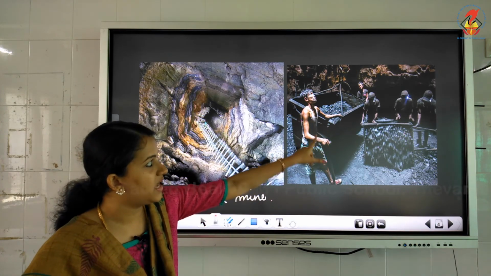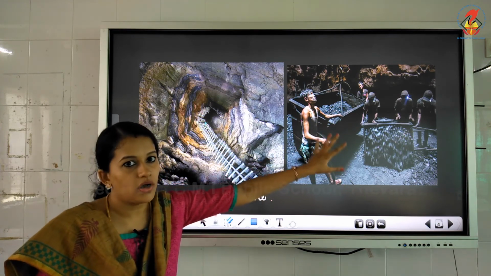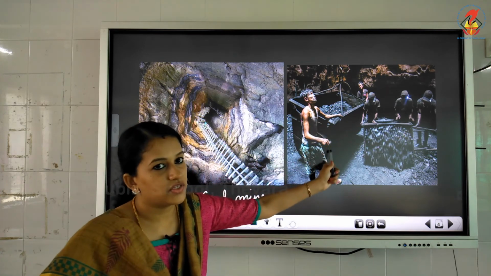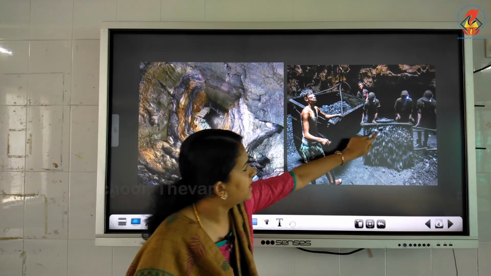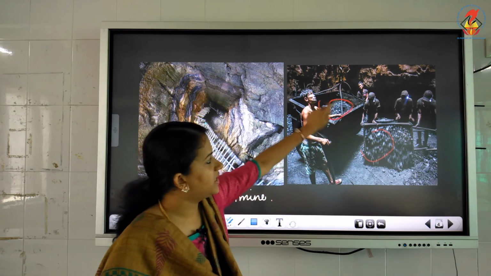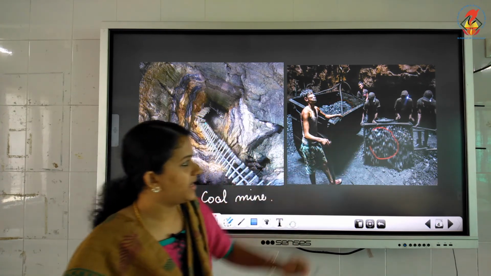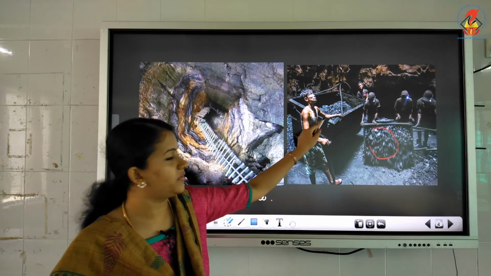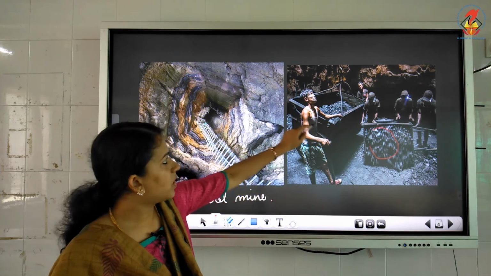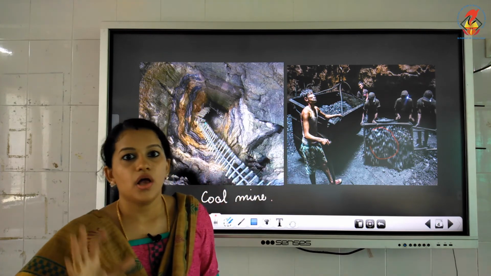Here you can see how they have broken the rocks and are taking them out. This is the picture of a coal mine. Here you can see the ore of coal. All these are ore that contains coal, and when you extract, you can get coal from it. Here they have broken the rocks and they have got the coal.